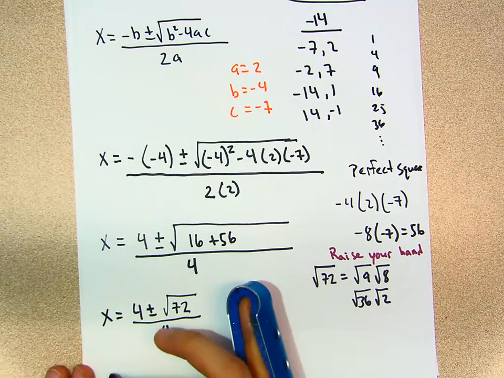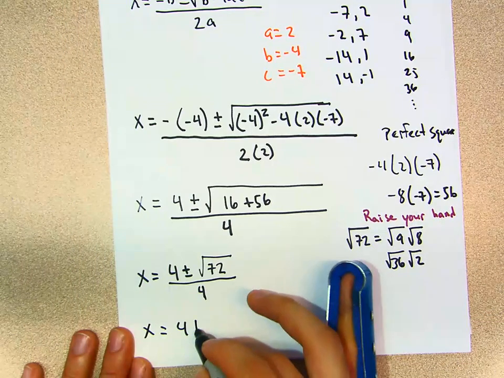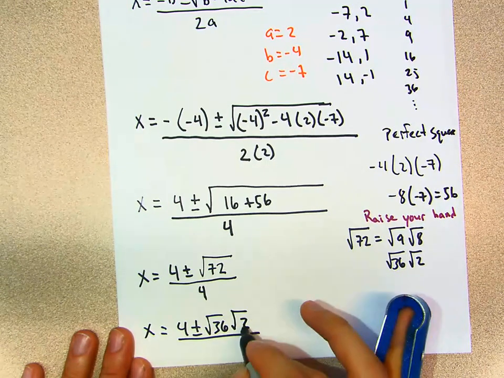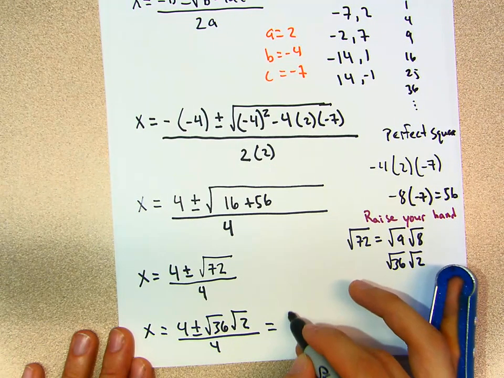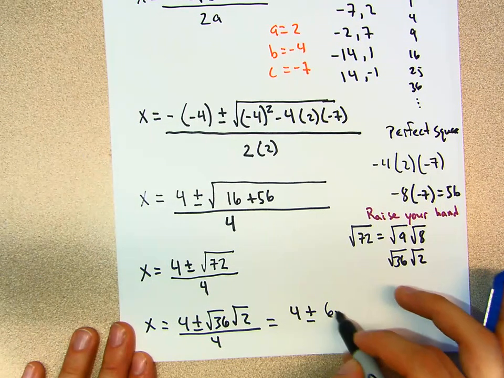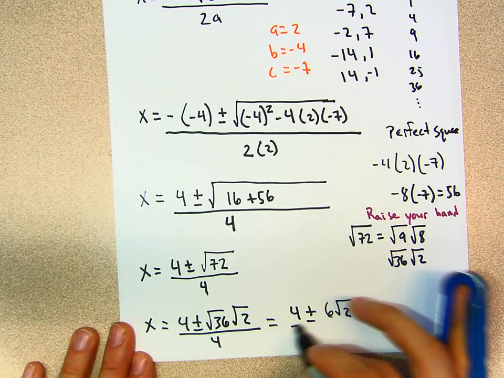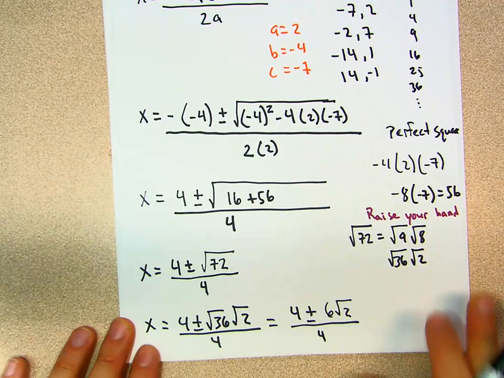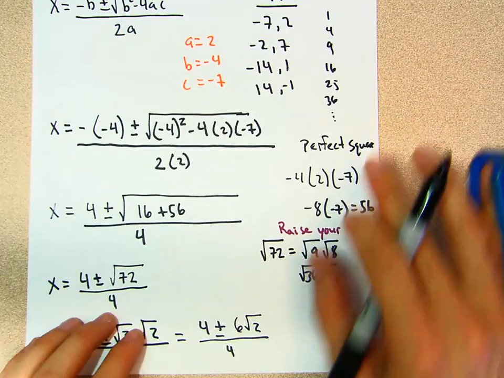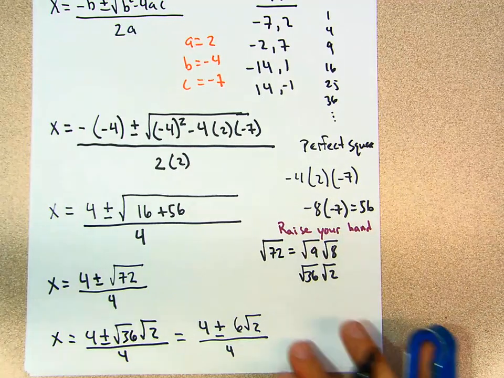So then x is equal to 4 plus or minus the square root of 36 times the square root of 2, over 4. But then that's equal to 4 plus or minus, what's the square root of 36? It's 6, so 6 radical 2 over 4. Okay? What I want you to do is maybe take a second and just look at what we've been doing.